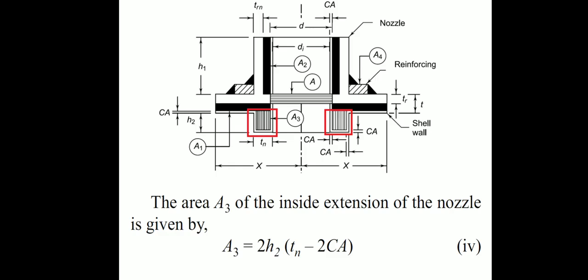The area A3 is calculated as A3 equal to 2H2 into bracket Tn minus 2Ca, where H2 is the limiting distance parallel to the nozzle wall. It is usually given or taken equal to H1.